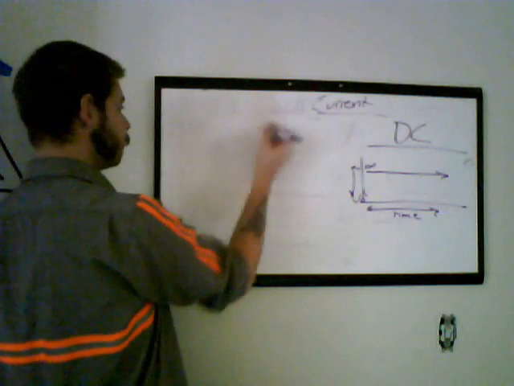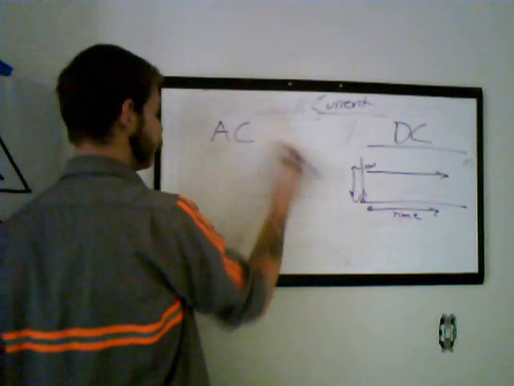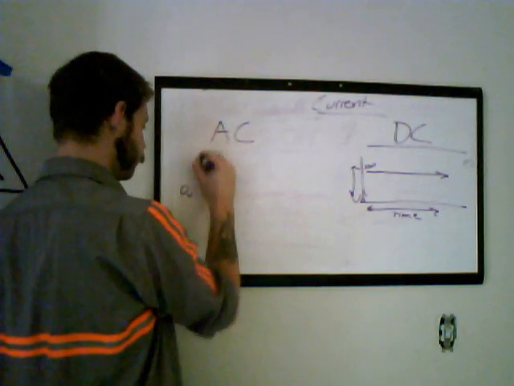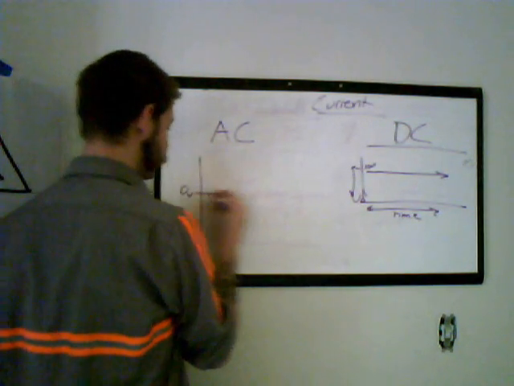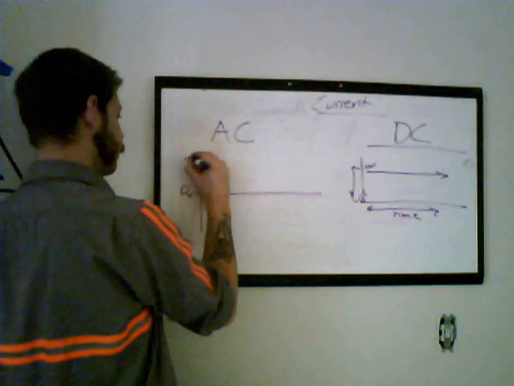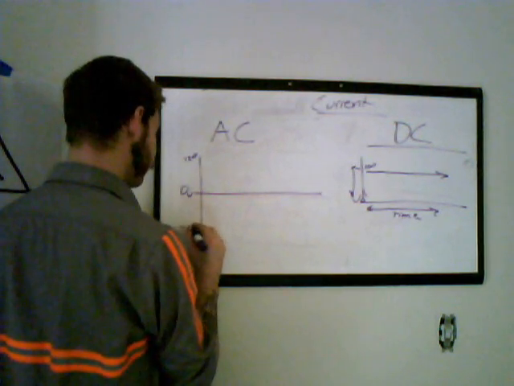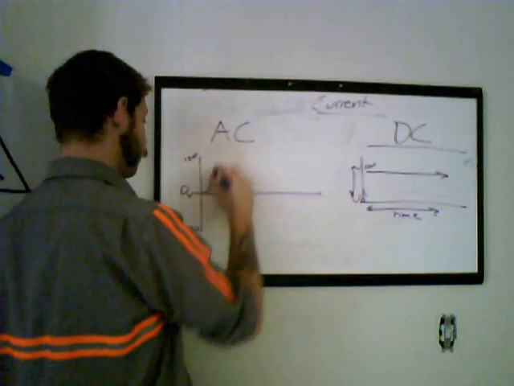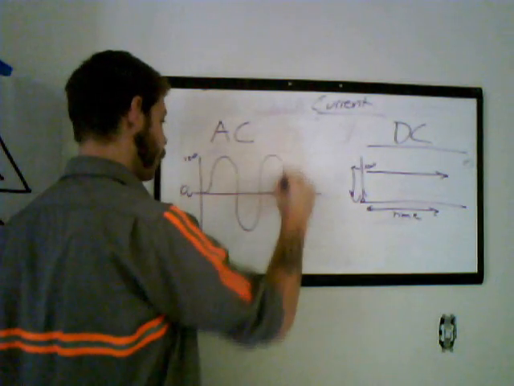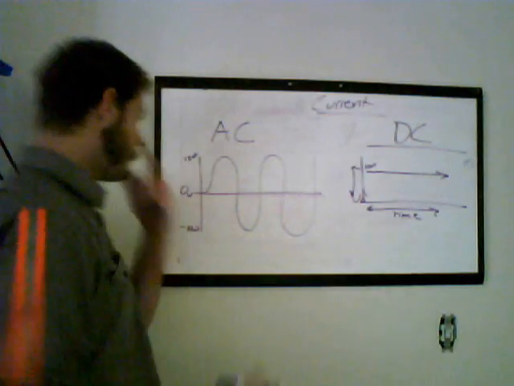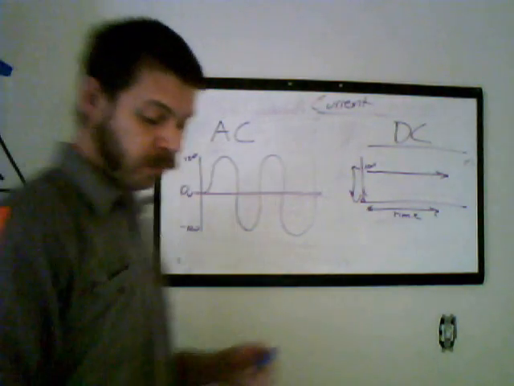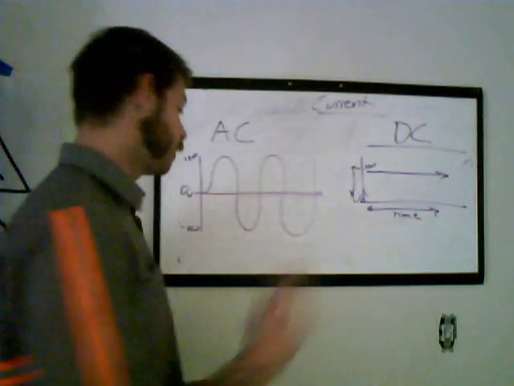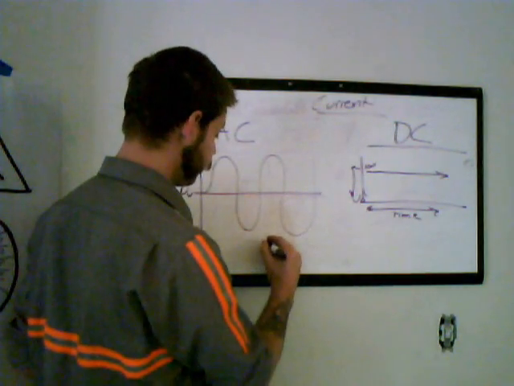On the same graph, you have AC, which stands for alternating current. You'll have like 120 up here, you'll have negative 120 down there, and the current will fluctuate. Most of the time you'll see current fluctuate in a sine wave when it's drawn. It's a little example down here.